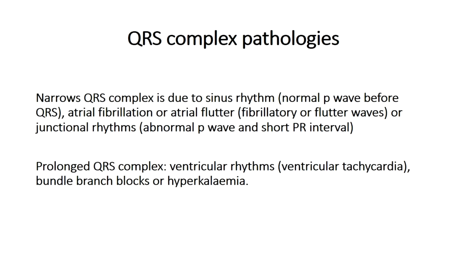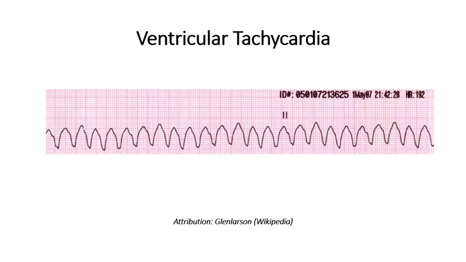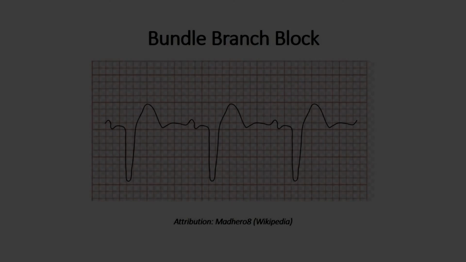And there are a number of causes of this. The most common ones you'll probably see are bundle branch blocks, or abnormal ventricular rhythms, such as, for example, a ventricular tachycardia, where generally speaking, you'll see no P waves at all, and the QRS complexes will be broad. But there are other causes as well you may need to be aware of, apart from the bundle branch block or abnormal ventricular rhythms.